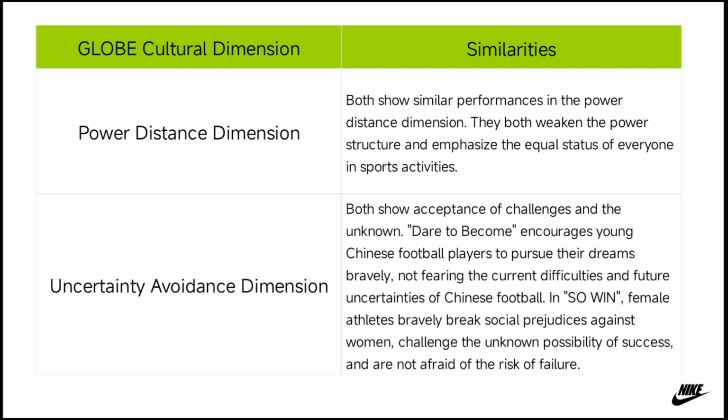We can also view it from the perspective of global culture. There are 2 main points. First, in the power distance dimension, both show similar performance. They both weaken the power structure and enhance the equal status of everyone in sports activities. Second, in the uncertainty avoidance dimension, both show acceptance of challenges and the unknown.